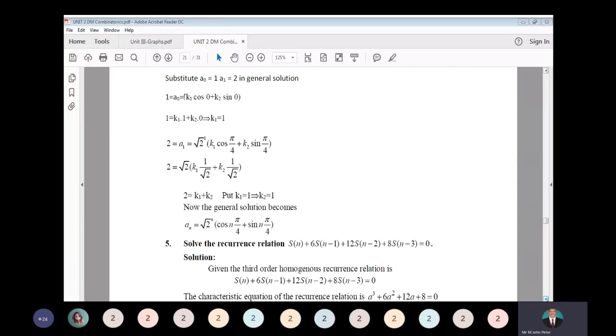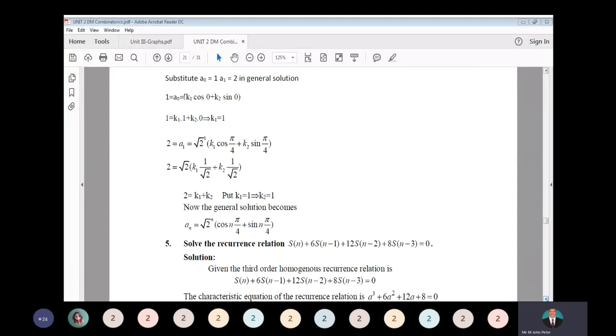Next, a1 equal to 2, replace it. You will get 2 is equal to root 2 power 1 into k1 cos pi by 4 plus k2 sin pi by 4. For cos pi by 4 and sin pi by 4, substitute the value 1 by root 2. The root 2 power 1 outside also multiplies, so you will get 2 is equal to k1 plus k2.